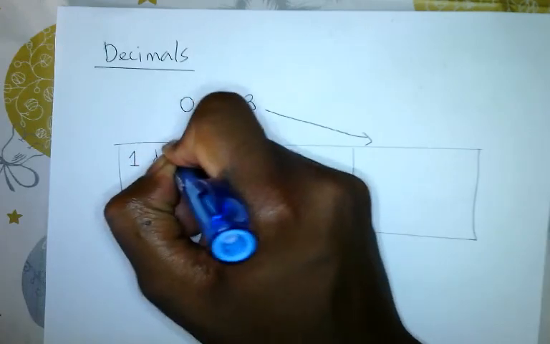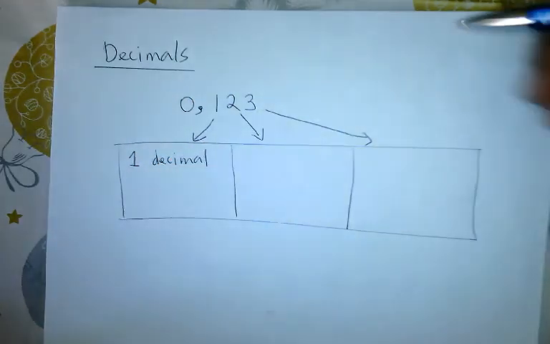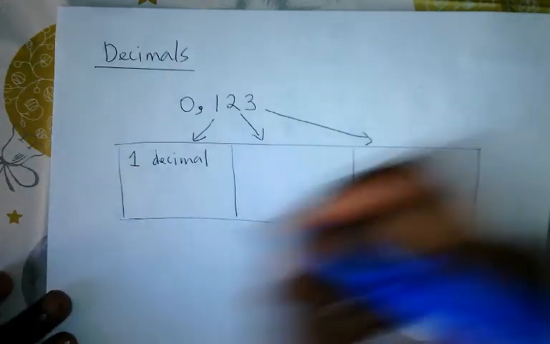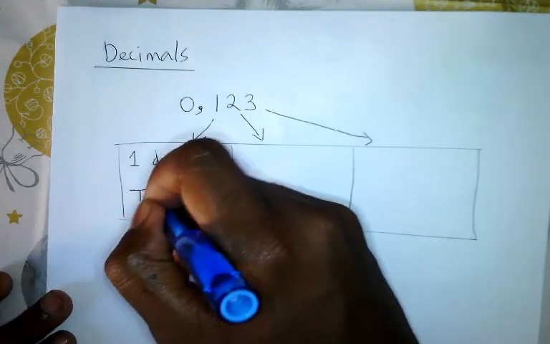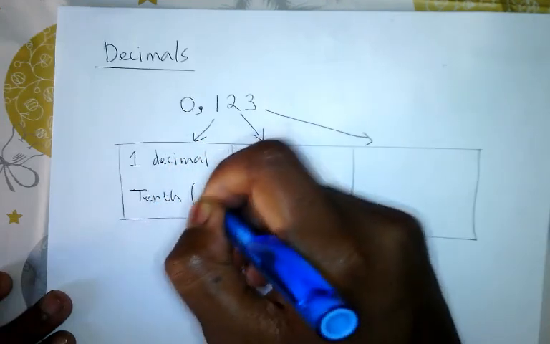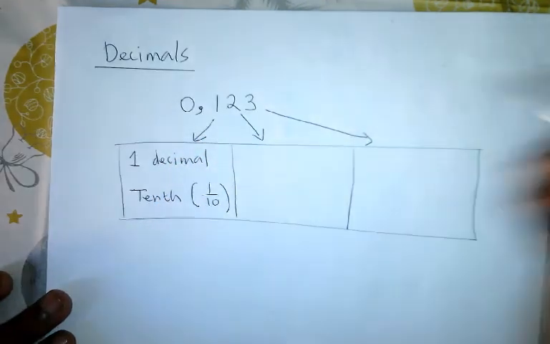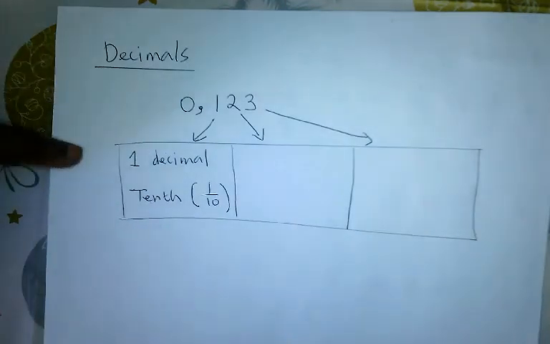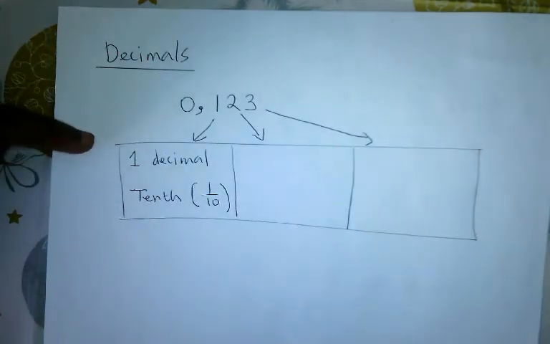Meaning after the comma, there's only how many numbers? Only 1 number. Are we all clear? We call this also a tenth. Which can be written as 1/10. So they can either say round off to 1 decimal place or round off to a tenth. Are we all clear, guys?